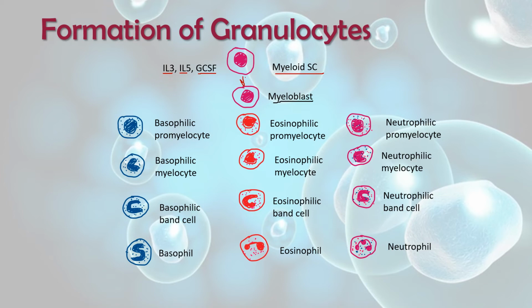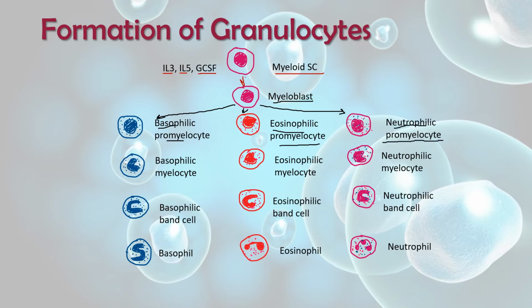Okay, then this myeloblast generates three types of promyelocytes. The first one is basophilic promyelocytes, the second one is eosinophilic promyelocyte, and the third one is neutrophilic promyelocyte.